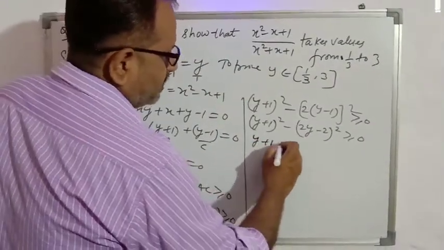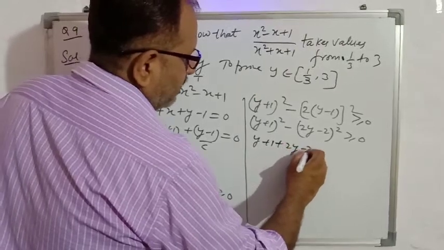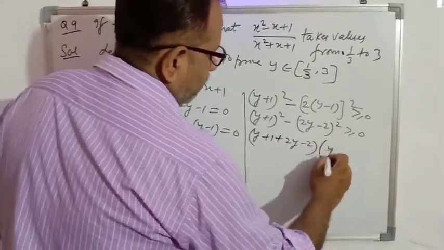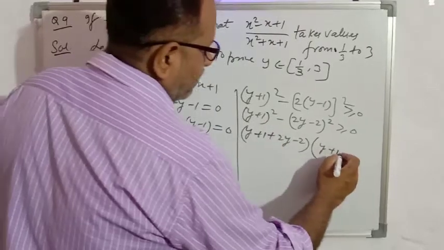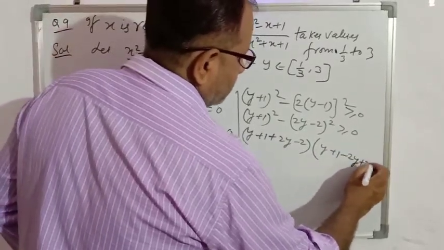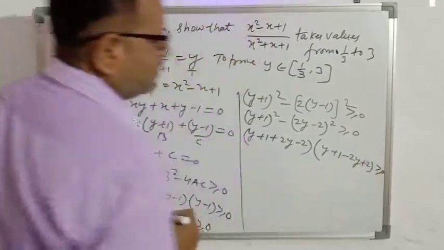So y plus 1 plus 2y minus 2 and y plus 1 minus 2y plus 2 greater or equal to 0.